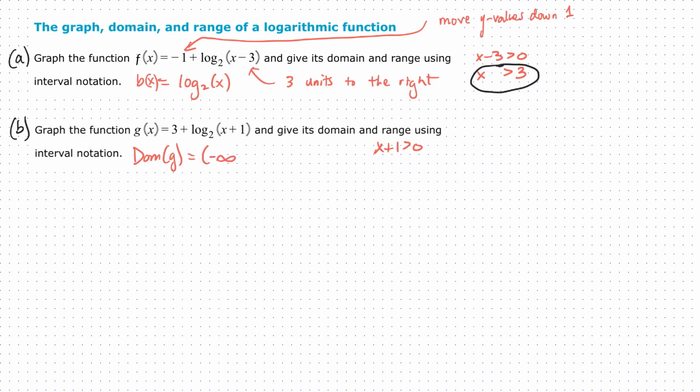This also helps you identify your vertical asymptote. Vertical asymptote is going to be x equals negative 1. Now the only thing left to do is plot some ordered pairs.